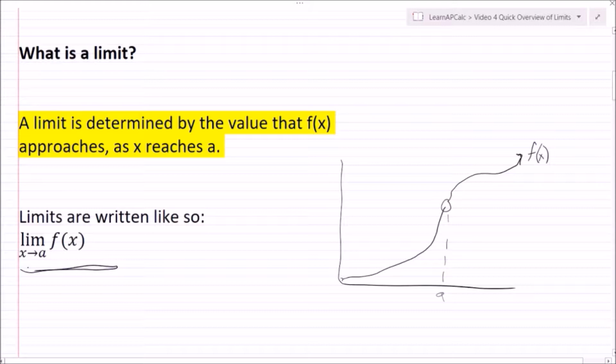Now the limit as x reaches a of f of x, we're looking at what value the function approaches, not the value that it reaches. So as we get really, really close to a, we're approaching, let's say, 5. We're not going to actually get there, but we're getting really, really close to it. So we would say the limit is 5 because that's the value we're approaching as x goes to a.